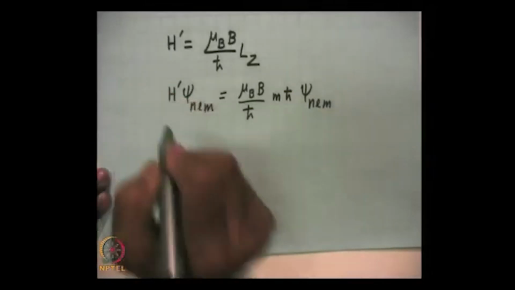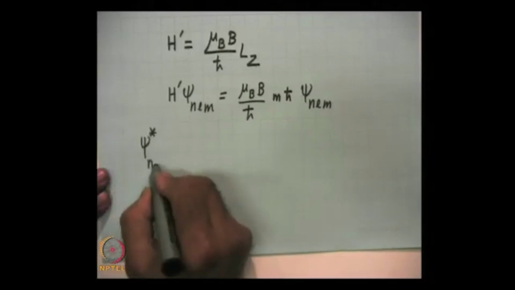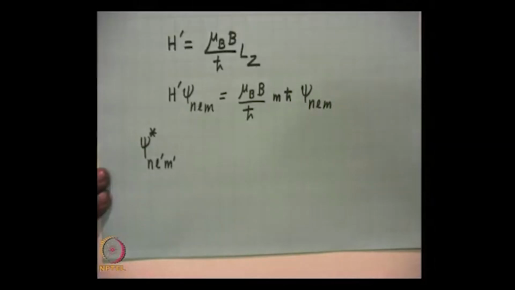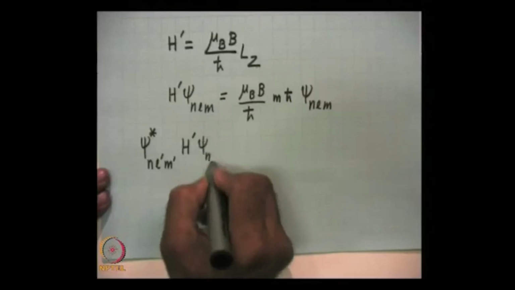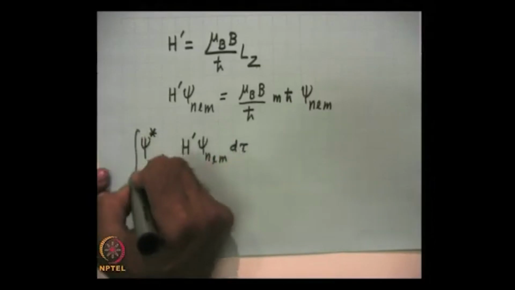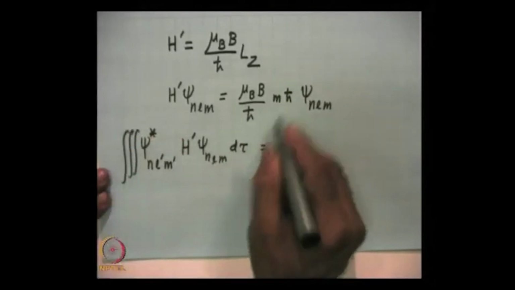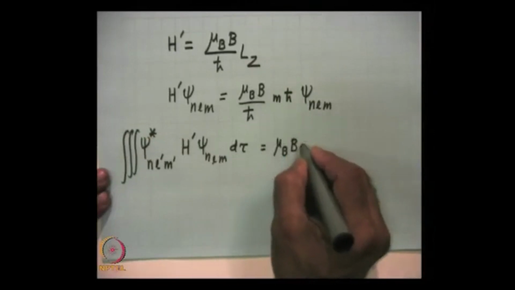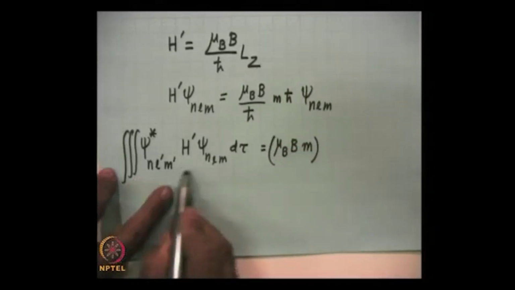And if I now multiply by psi star with the same value of n, but different values L prime and m prime, and integrate H prime psi nLm d tau, which is a 3-dimensional integral, this will be mu B B times m.